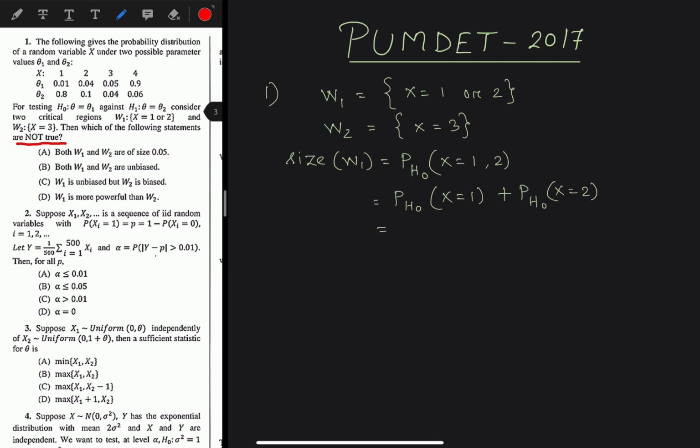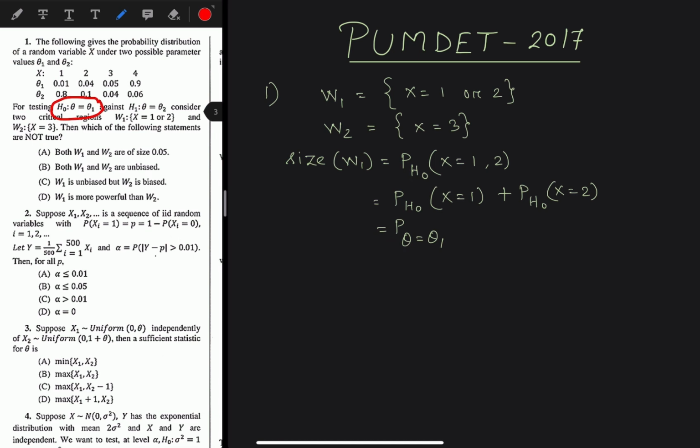From this table, the probability under H0 means the probability under theta equal to theta 1, as we have to test the hypothesis H0: theta equal to theta 1 against theta equal to theta 2. So we concentrate on theta equal to theta 1 only.